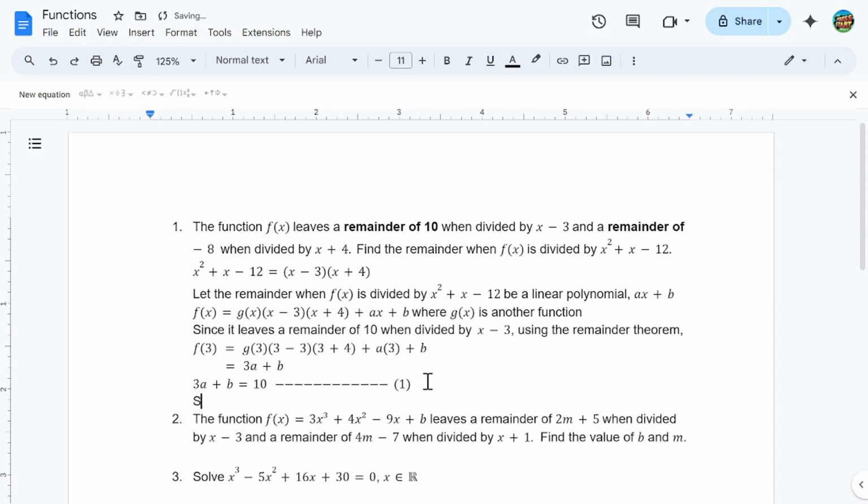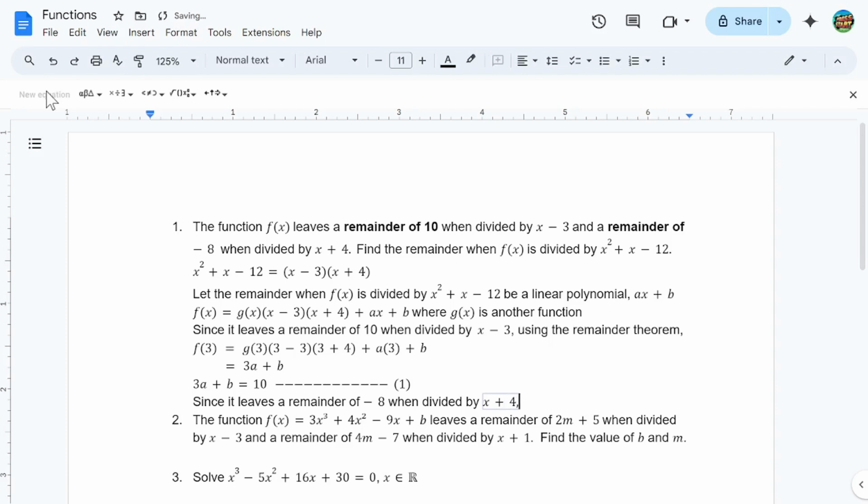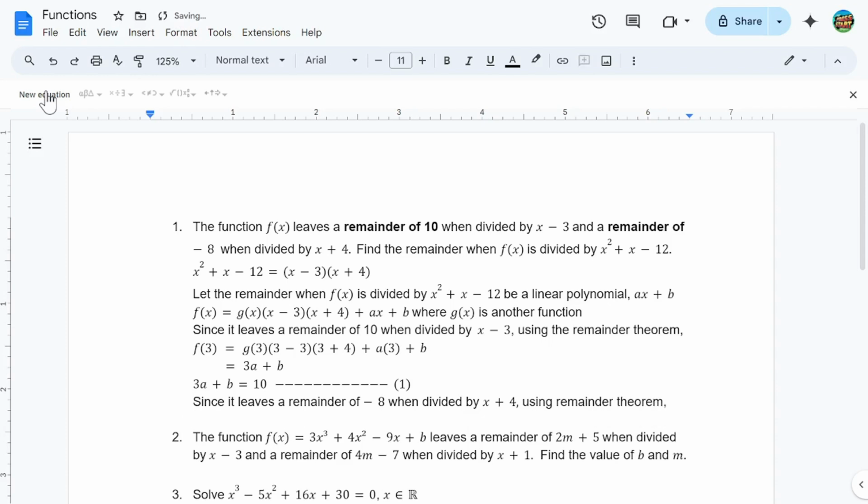So if we look at the other example, since it leaves a remainder of -8 when divided by x plus 4, using remainder theorem, f of -4 equals g of -4, -4 minus 3, and we got -4 plus 4, plus a times -4 plus b.